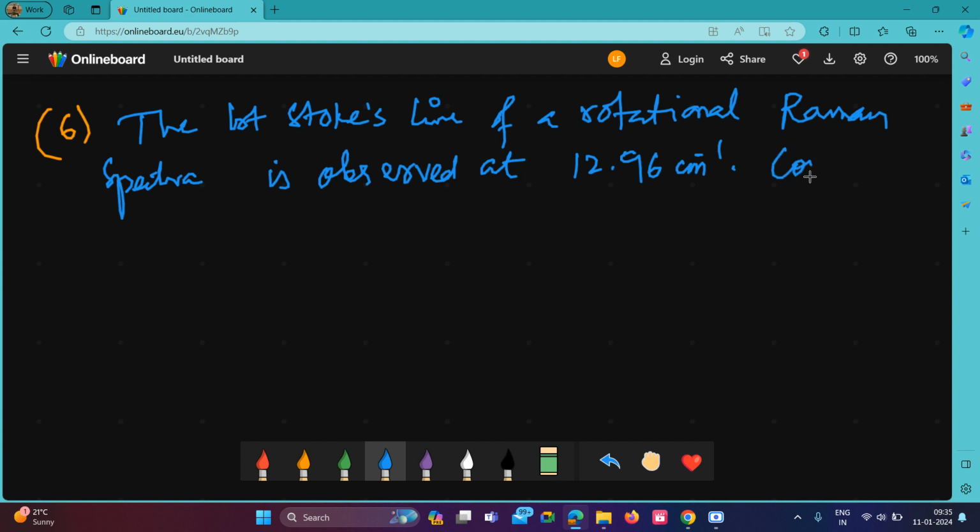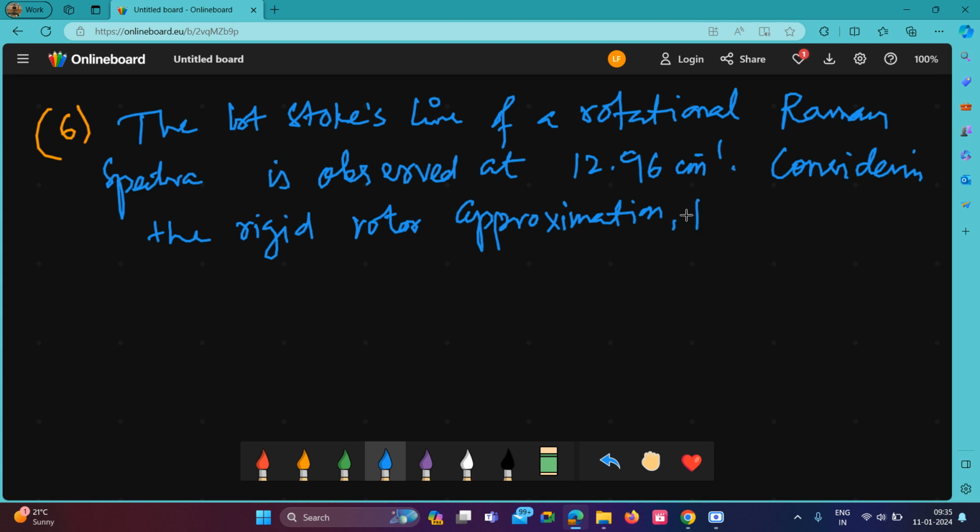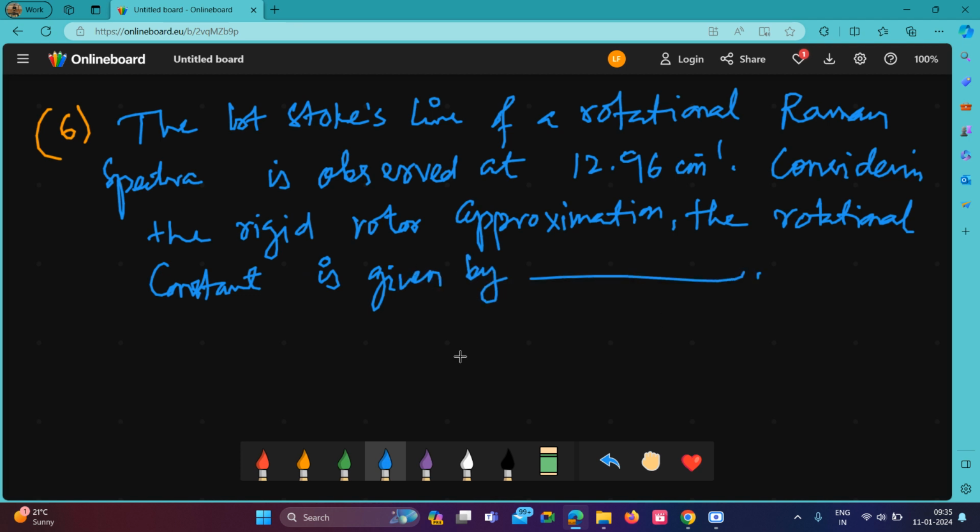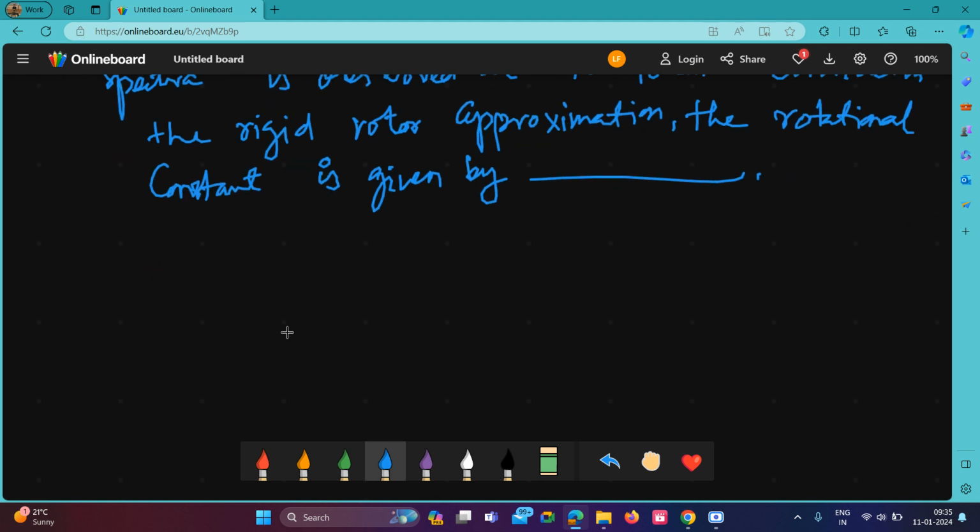Considering the rigid rotor approximation, the rotational constant is given by how much?